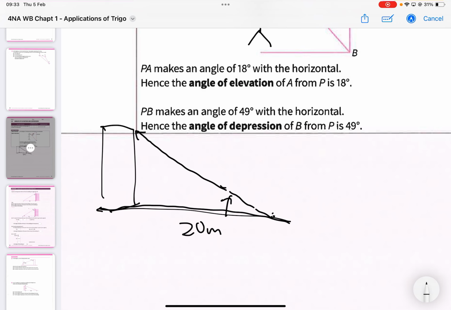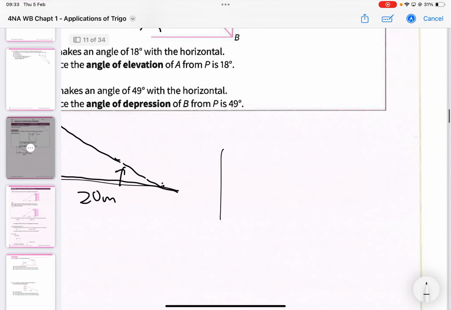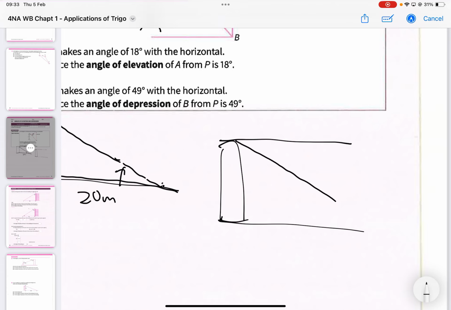Then if someone is on the top of the building, and there is maybe a line that is tied to the ground, then we want to say the angle of depression. The angle of depression will be measured from the horizontal. So it is this angle that is going downwards.